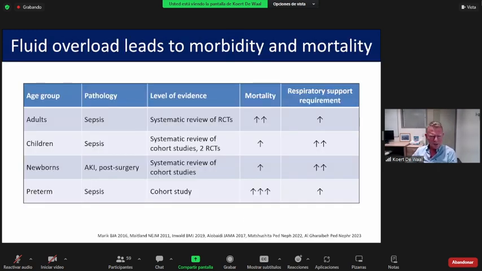These are just examples in the newborns, and there's one other study which looks particularly at sepsis, but what all these studies have in common, whether you go in adults, children, newborns, or in the preterms, is that when you give fluid, and particularly fluid overload, that leads to an increase in mortality or an increase in respiratory support requirements, as explained by the physiology.